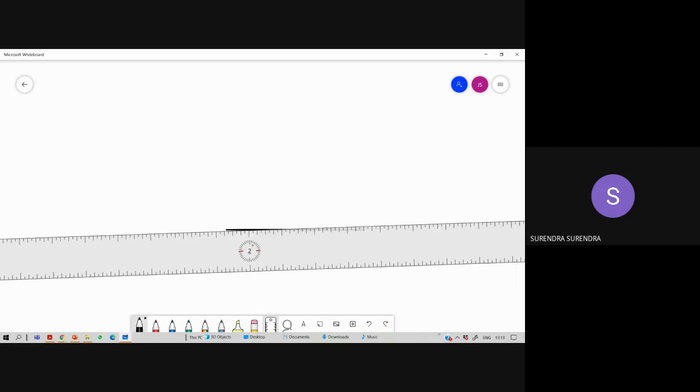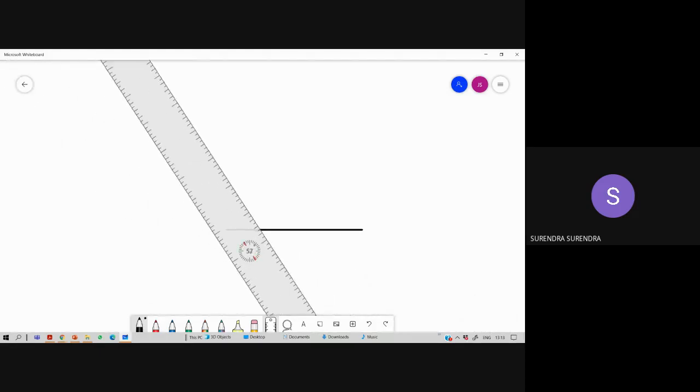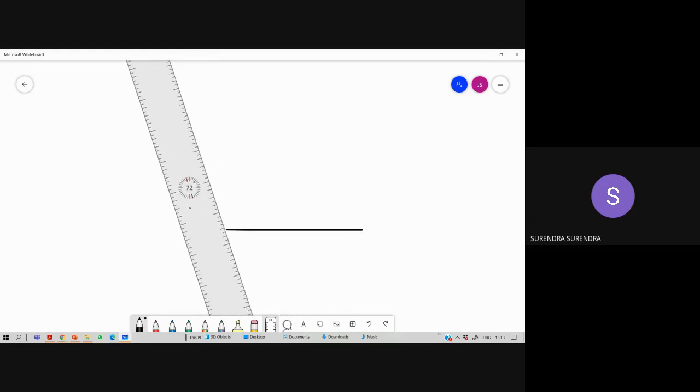Now rotate the scale for 108 degrees. Here I was taking 72 because 180 minus 72 gives the remaining angle.